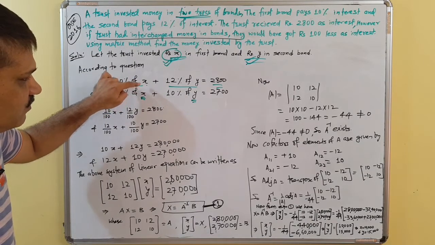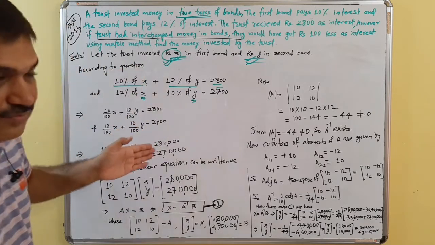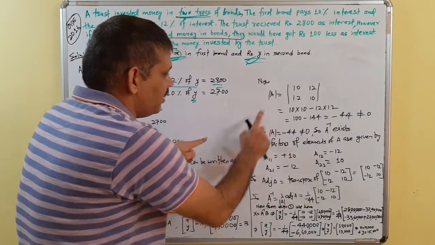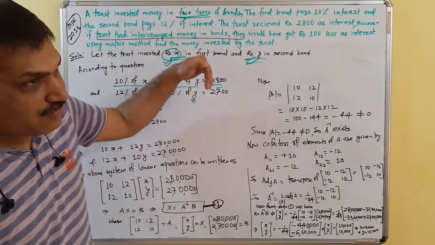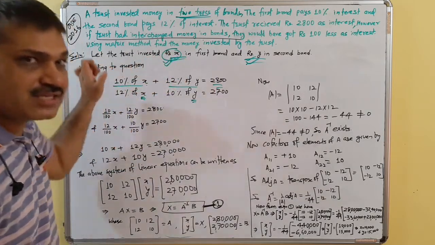X must be followed by X here in the column, so that when we try to change it to matrix form, row is multiplied by the column. In the first row first X then Y, in the second row first X then Y.